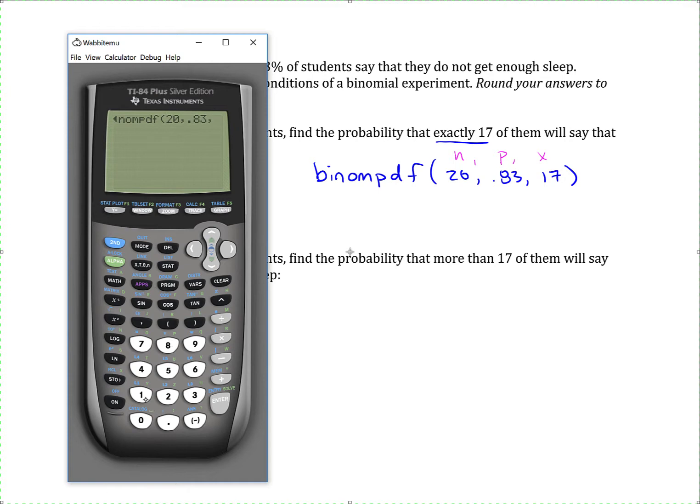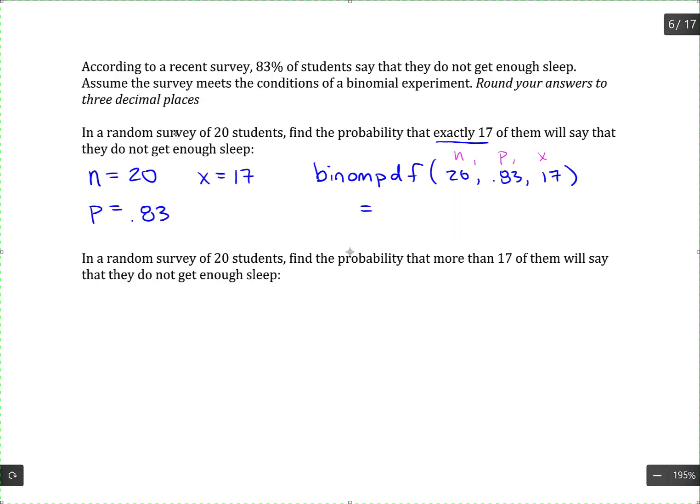We separate this information with commas, of course, and then 17. So 0.2358. And that's the probability that 17 out of 20 do not get enough sleep.